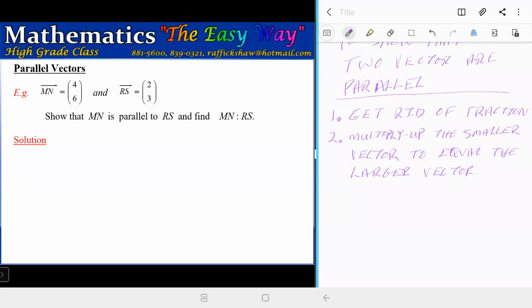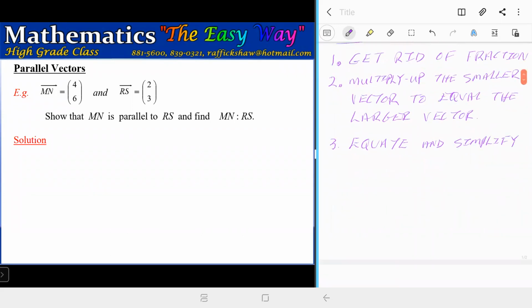And after you multiply up the smaller vector to make it equal the larger vector, that means that the two vectors now equal. The third step is you equate them. Equate and simplify.